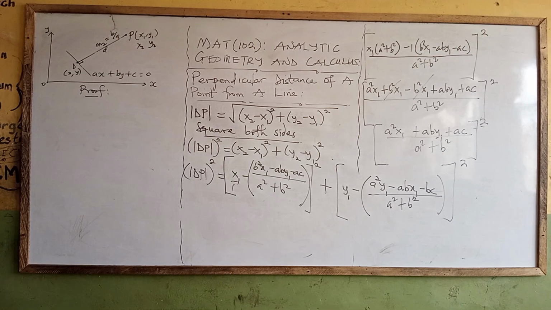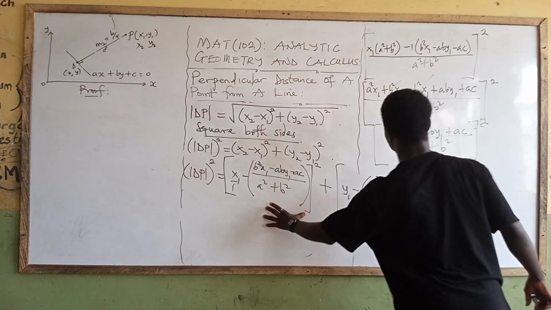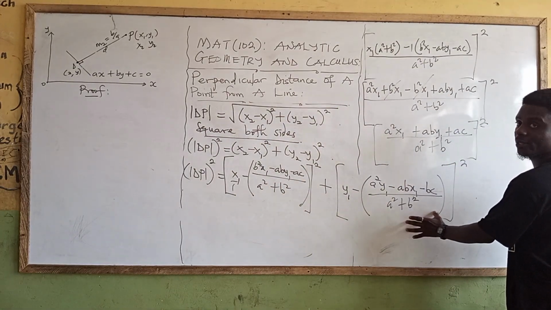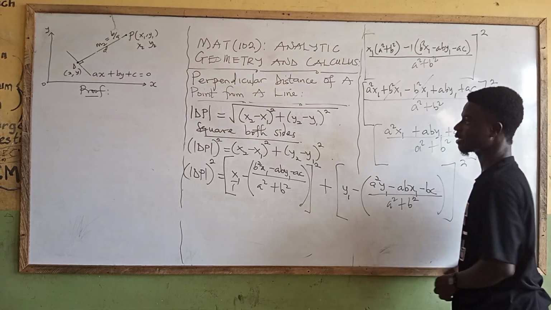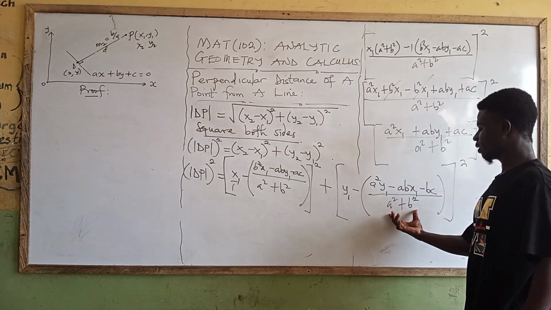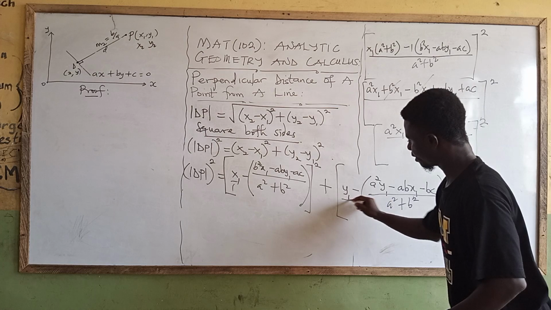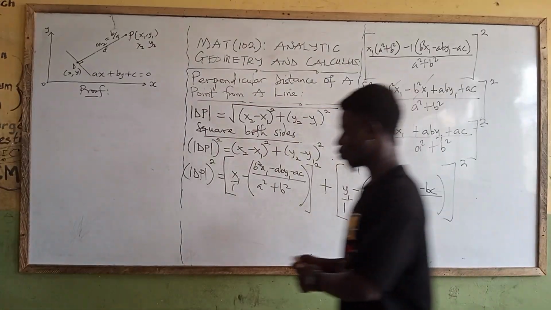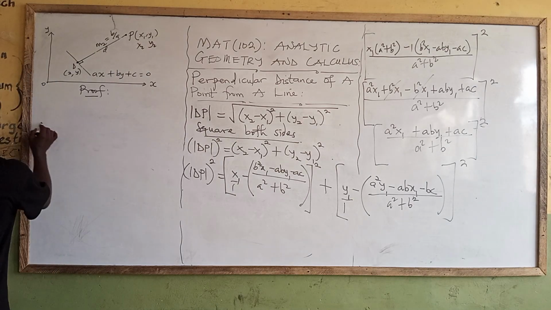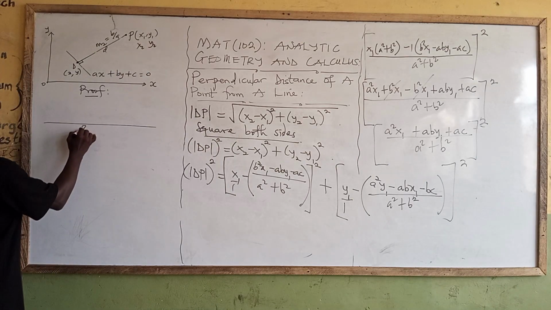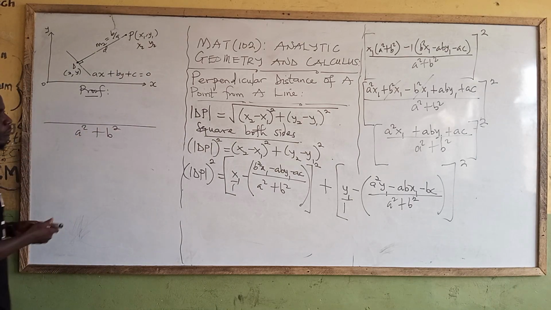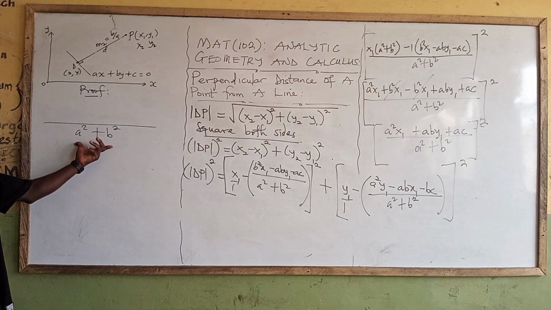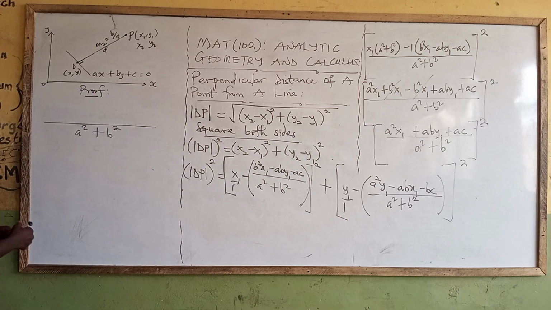Alright. So we took this and we massaged it up to this point. So let's take this point when we are done with R. Better still, the same thing. This is divided by 1 and the LCM is a squared plus b squared. So 1 goes into a squared plus b squared, a squared plus b squared times.